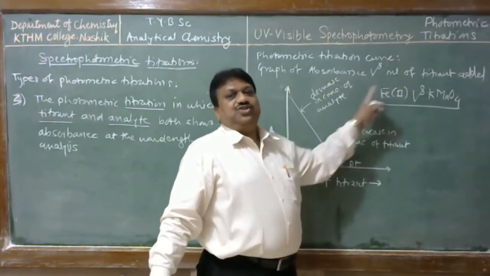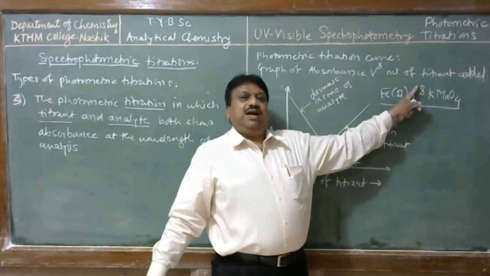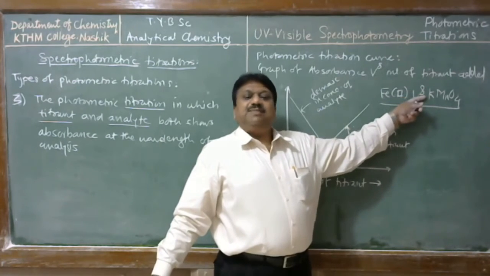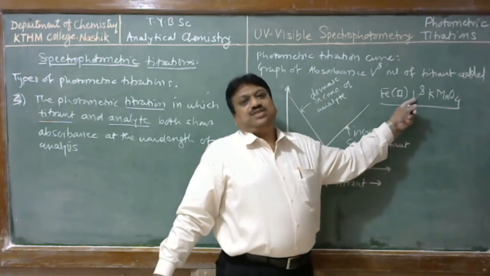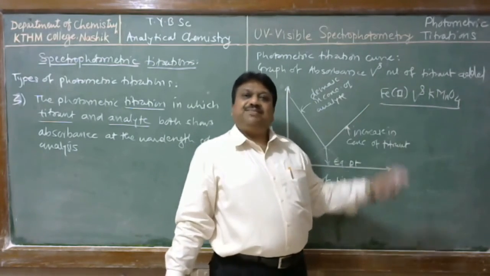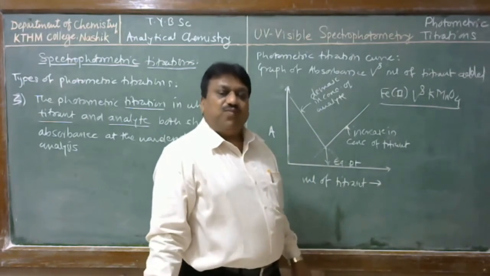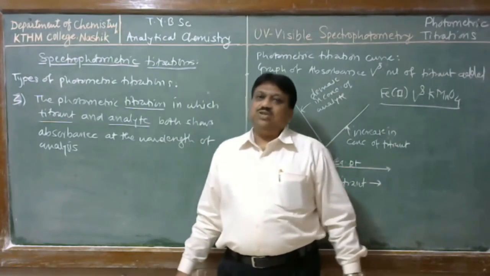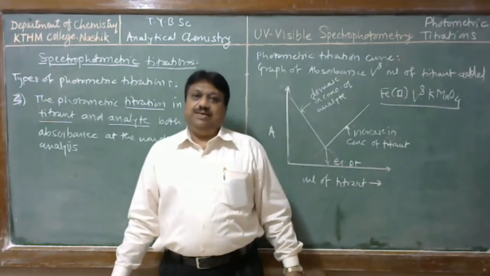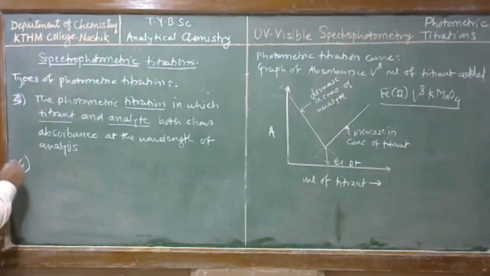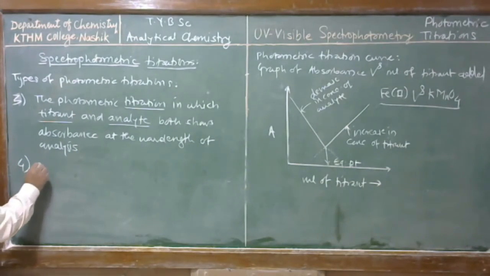Therefore, decolorization of solution takes place, and after the equivalence point, the potassium permanganate remains unreacted, and that shows absorbance at the wavelength of analysis. Therefore, this is the V-shaped titration curve obtained for the photometric titration in which both analyte and titrant show absorbance.